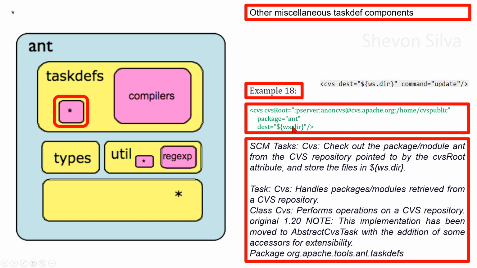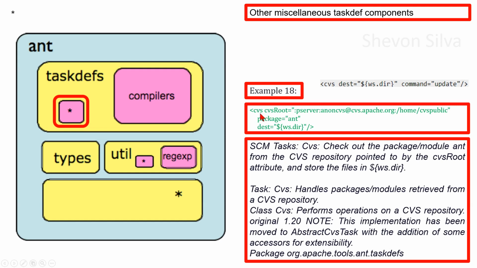Now we are considering CVS in SCM tasks. Here, check out the package/module from the CVS repository pointed out by the cvsroot attribute and store the files in ${ws.dir}.